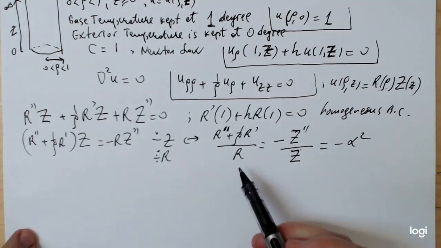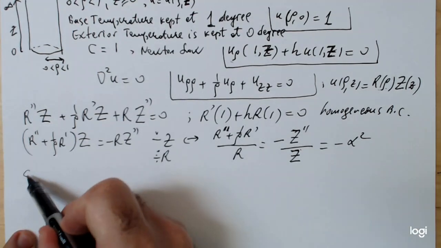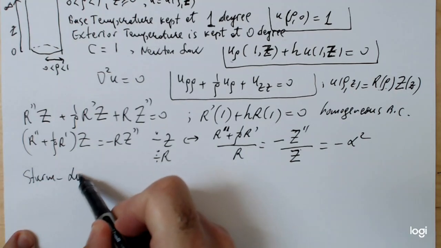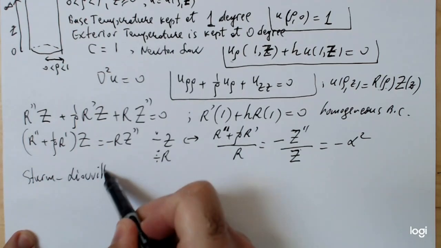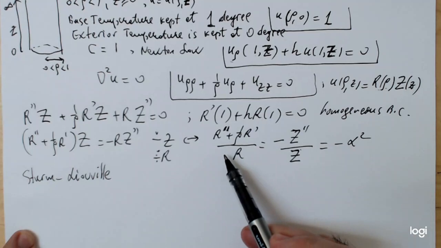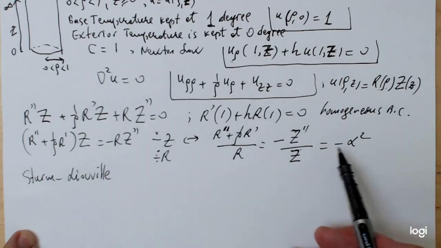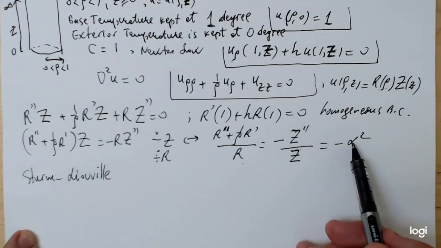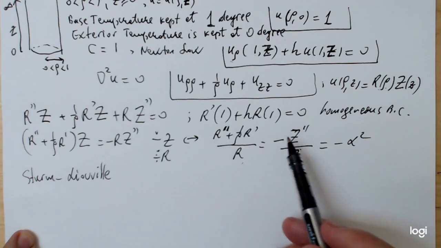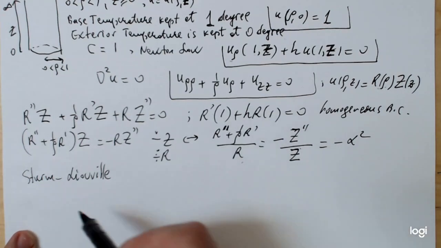Okay, so the Sturm-Liouville problem, the equation in R, we already know the drill, right? We multiply by R, move it to the left, multiply by rho on both sides to write it nicely.